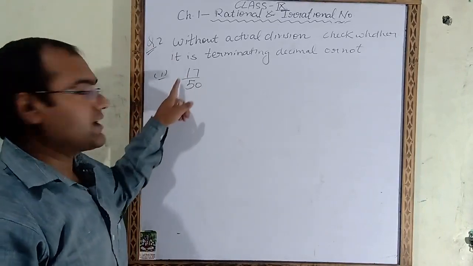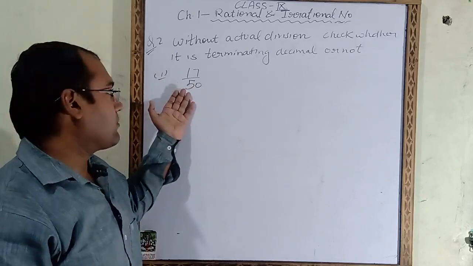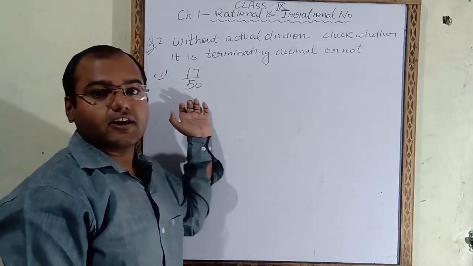This is a rational number. It is written in the form of A upon B. So it is a rational number. We have to check whether it is terminating or not.